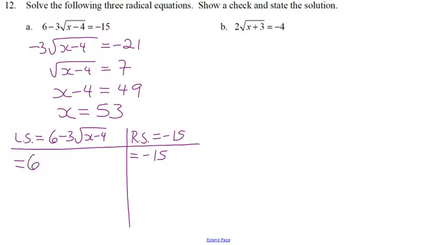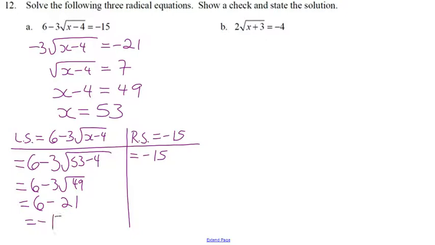So we're going to go 6 minus 3 times the root of 53 minus 4, which is 6 minus 3 root 49, which is 6 minus 21, which is -15. Left side and right side are the same. Checks. So the solution is x equals 53.